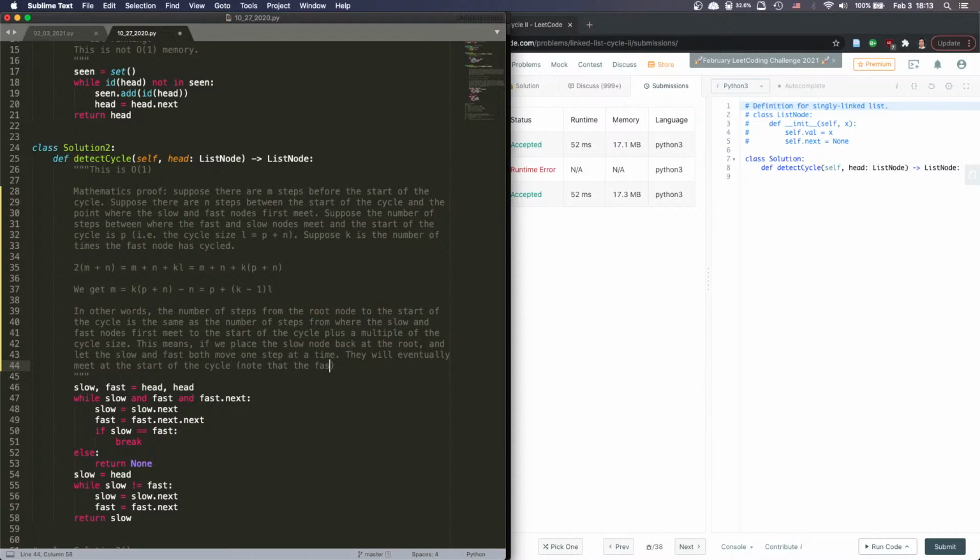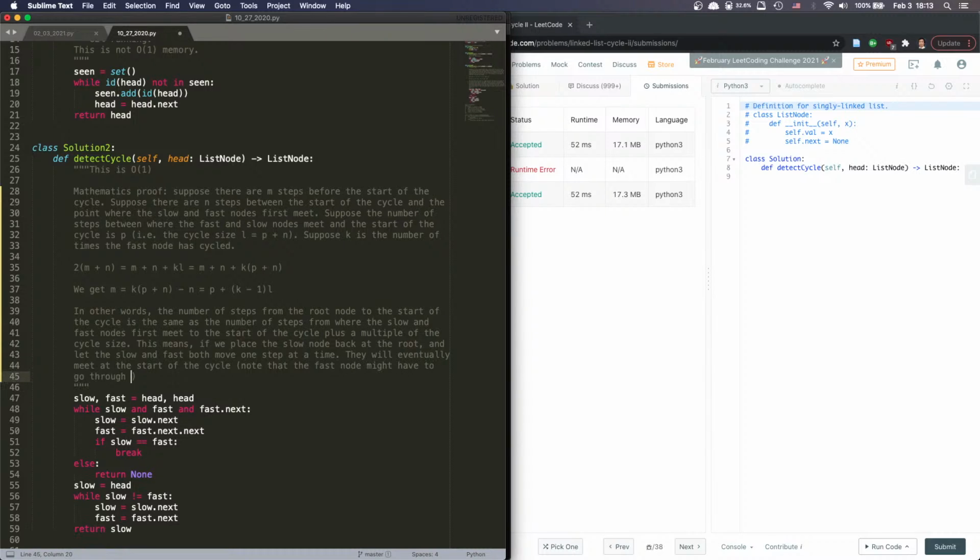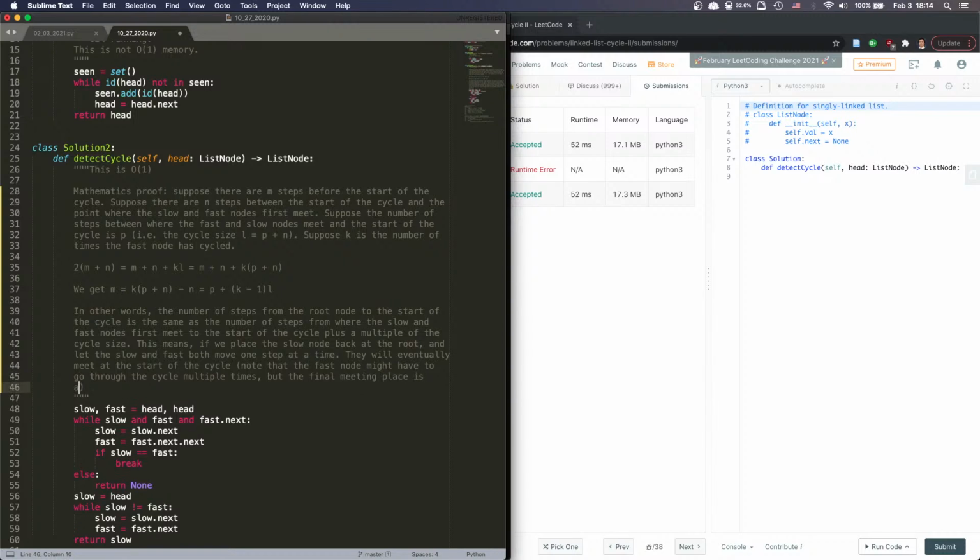Note that the fast node might have to go through the cycle multiple times, but the final meeting place is always the start of the cycle. Alright, so we make the change to this, and hopefully this is clearer.